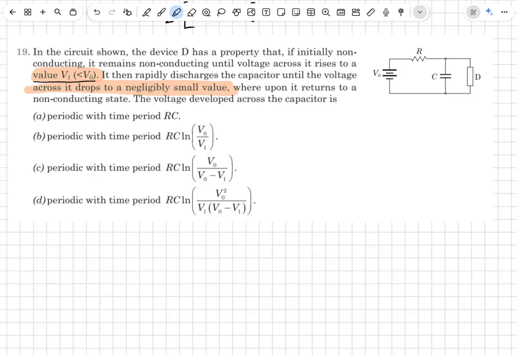What is happening initially? You know, an uncharged capacitor behaves like a conductor. You said that the device has a property that it is initially non-conducting, so majorly what will happen is, the moment you close the switch, the capacitor keeps charging, which means it is as normal as that of a simple RC circuit.